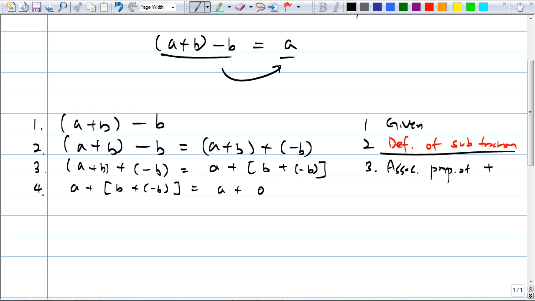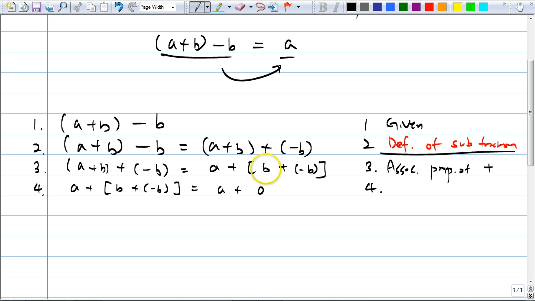What do you think this is called? How do they go from there to there? No, this is a special substitution. When you have b plus negative b, what do we call this one? Not quite. That's after this one. When you add something to a plus 0, you get a. That's the identity property of addition.